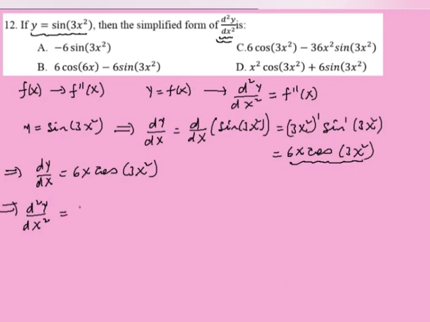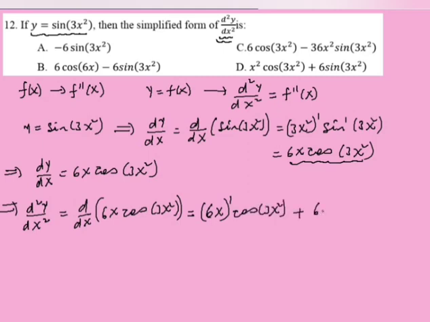Take the derivative of 6x cos 3x squared. Applying both the product rule and the chain rule will give us the derivative of 6x times cosine of 3x squared, plus 6x times the derivative of cosine of 3x squared.